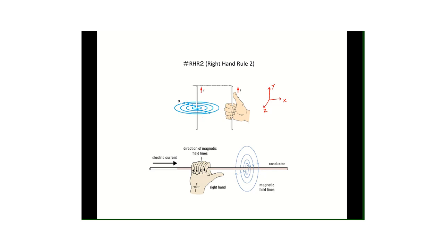If we check the direction of the magnetic field at different points, it will be different. Let's say the coordinate is like this: this is the x-axis, y-axis, and z-axis. We can determine that the direction of the magnetic field at this point is to the x positive, and at this point is to the x negative.